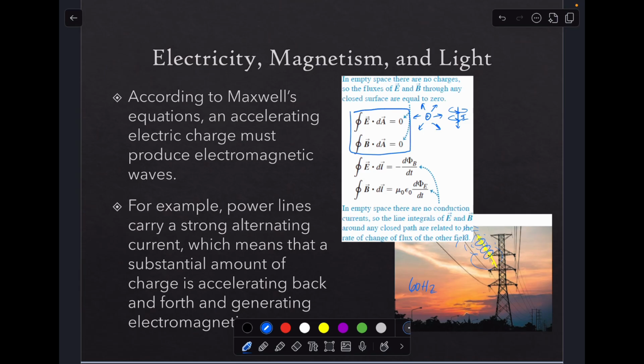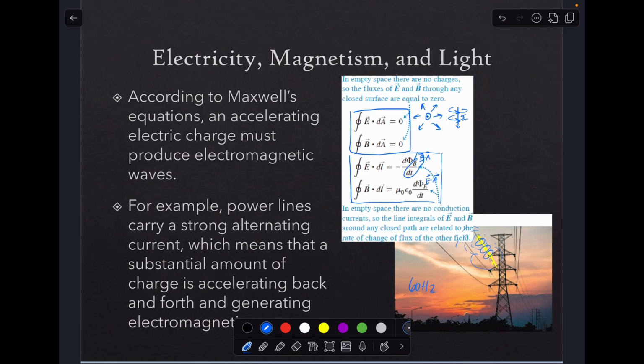Well, when you get to fields that change in time, that's what the second set of Maxwell's equations talk about. Here you have the flux of the B field, and the flux of the E field, right? If that changes with time, or in any way, right? Remember, B could change, A could change, cosine theta could change.